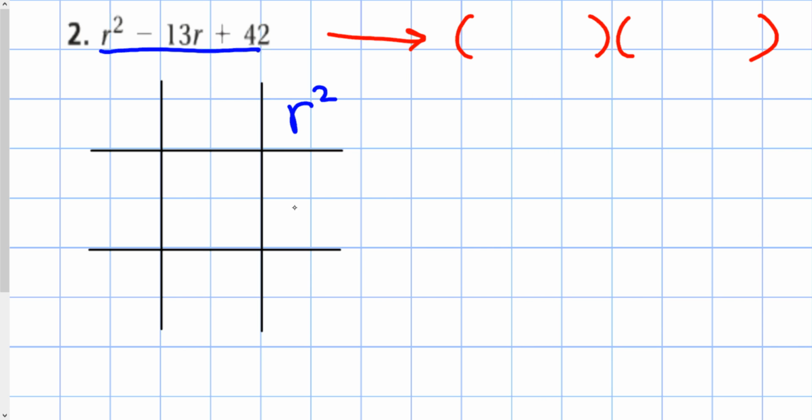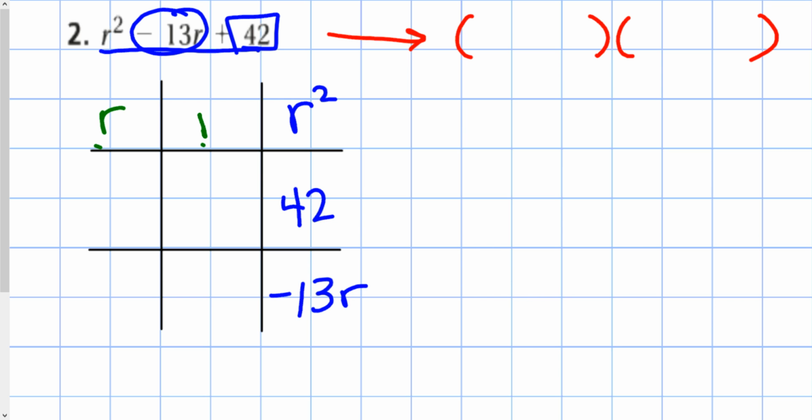The middle term in the middle of the box here is the last term, 42, and the middle term up here goes in the last spot. So I try to figure out what two numbers multiply to give me r squared, and there's only one possibility, r times r.